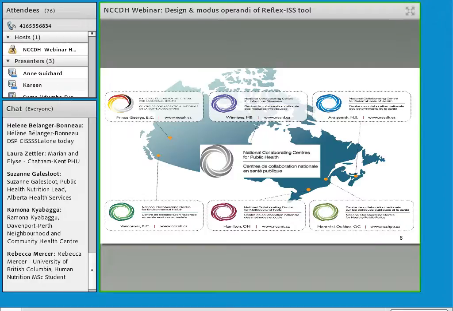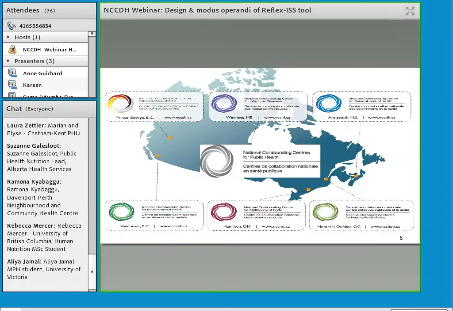Moving on to slide number 6. Today's webinar is brought to you by the National Collaborative Center for Determinants of Health, and we form a network of 6 national collaborative centers for public health funded by the Public Health Agency of Canada. The entities are spread out across the country, and collectively are mandated to support public health practice in a range of public health areas.